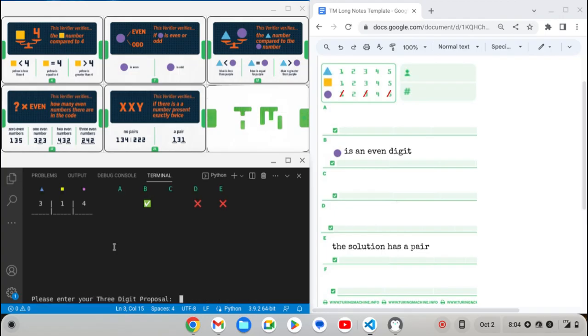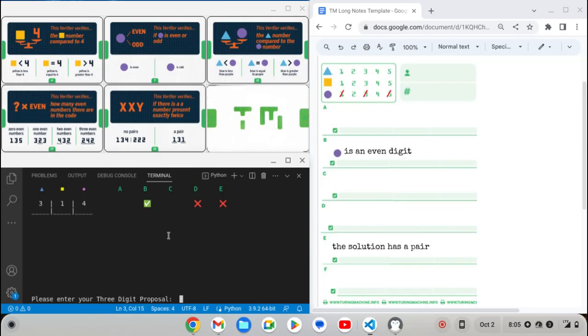Okay, so the Turing machine does not approve of my choice of only having 1 even. So again, it can't be 0 because we already have 1. It didn't like the fact that I only had 1 even. So really it comes down to having either 2 or even 3 even digits.